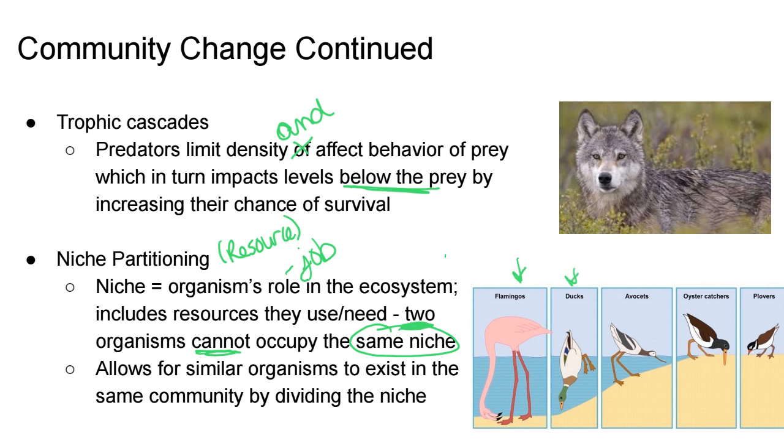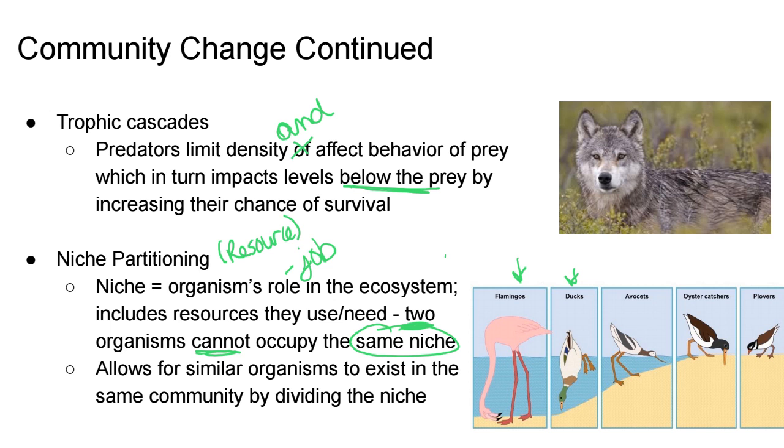They've partitioned the beach out so they're not all fighting for the exact same thing. Okay, there's an example with lizards in the Caribbean, and you have one species that lives kind of out on the branches, one that lives up in the canopy, one that lives on the trunk, one that lives near the shrubs below, and so they all have these slightly different locations, and so it allows them again not to be fighting so much for the resources.